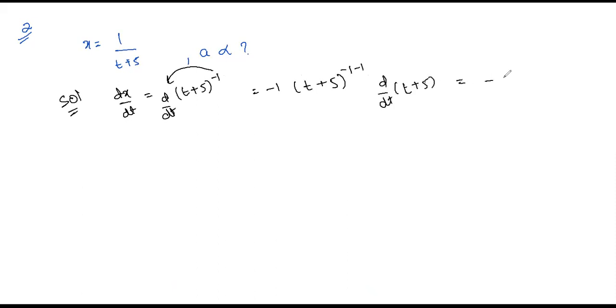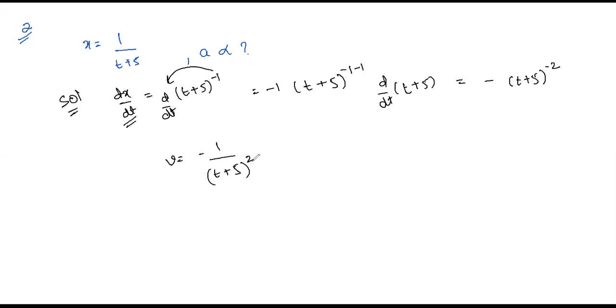This will give you minus of t plus 5 to the power of minus 2. Recall chain rule, right? So you will have velocity v. This was velocity. So velocity v is nothing but minus 1 by t plus 5 to the power of 2, right?